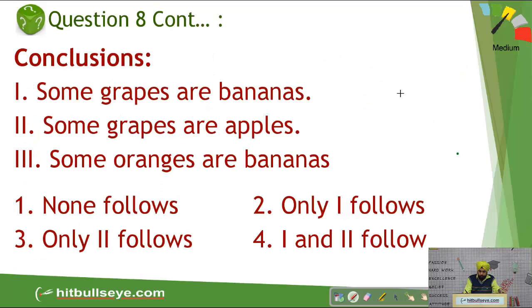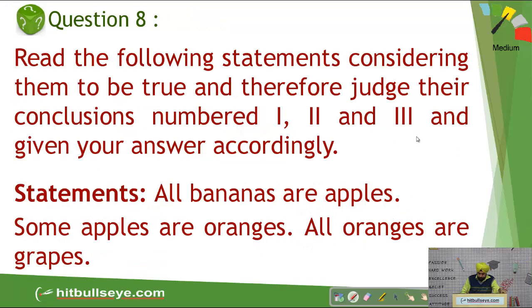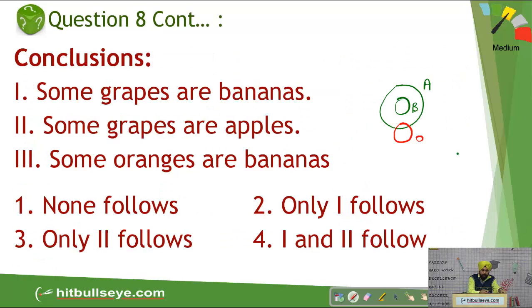Now let's make it all bananas are apples, some apples are oranges, so we can make oranges like this, then all oranges are grapes. Now all oranges are grapes can be made like this.